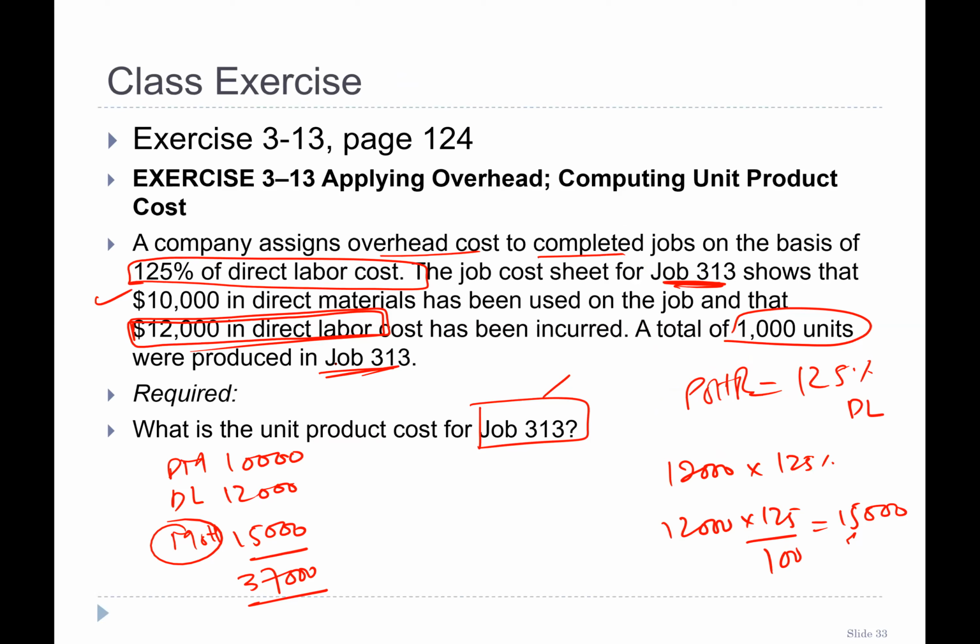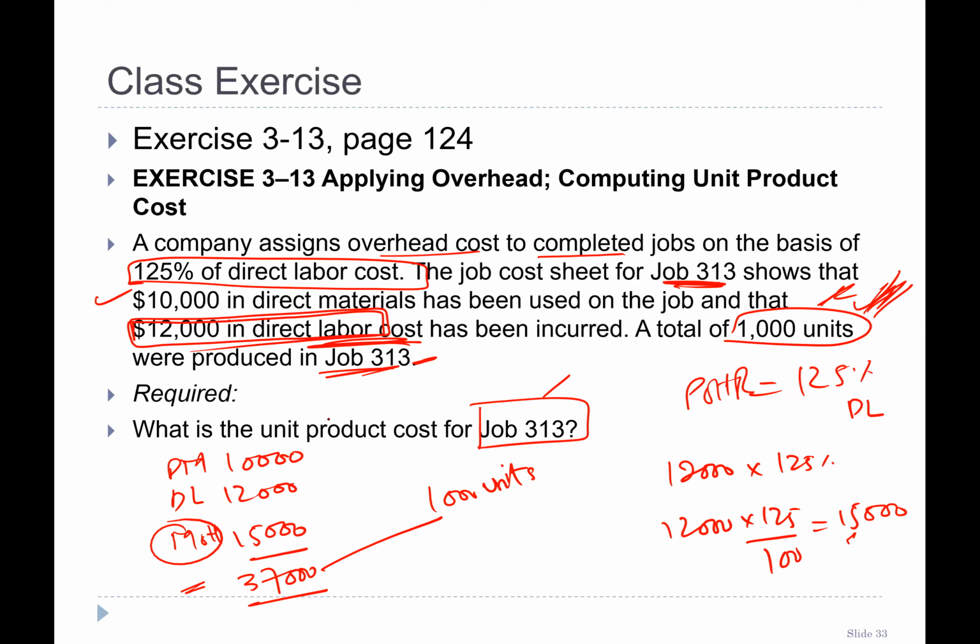So this is job 313, which produces 1,000 units, right? Minsu, a total of 1,000 units was produced in job 313. So in job 313, the total cost is 37,000.